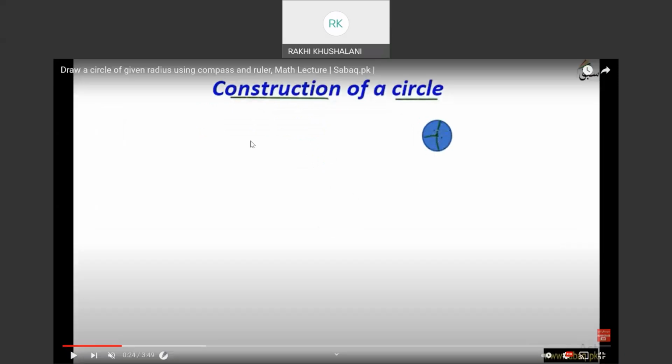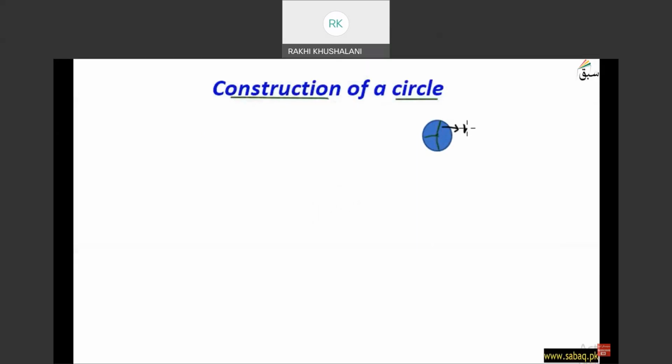Construction of a circle. So here the circle is given. See, if you see, the small radius is formed and the diameter is formed there. That is radius. Suppose the radius is given to be 3 centimeter. Okay. So first you're going to write R is equals to 3 centimeter.